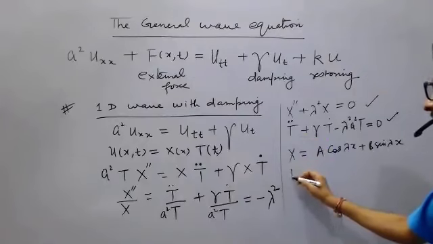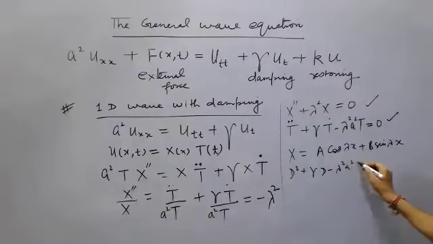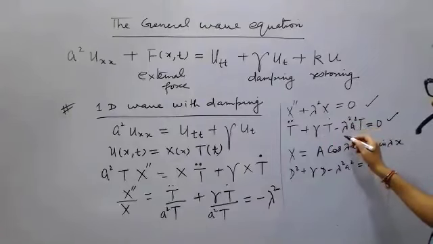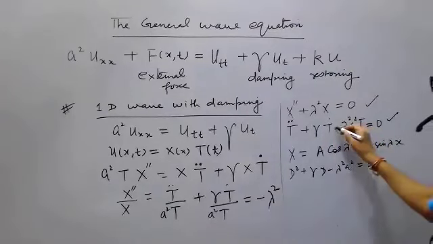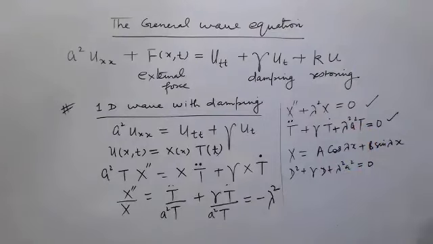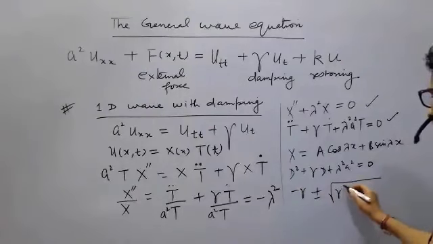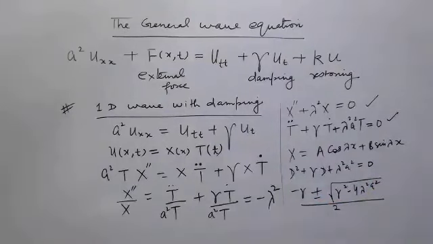So that will become d square plus gamma d plus lambda square a square is equal to 0, and its roots will become minus gamma plus minus under root gamma square minus 4 lambda square a square, over 2, correct?